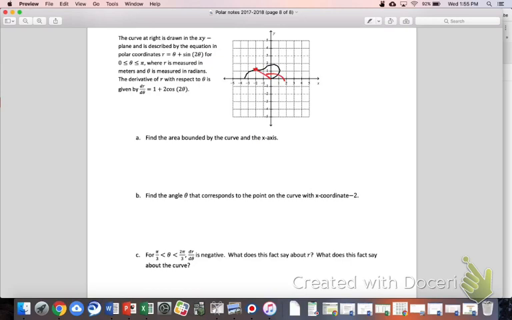We just need to find what it is, and we can't just take a guess. So here's what I would do. Remember, the x-coordinate on a polar curve can be expressed by x equals r cosine theta. So I'm going to say then that -2 equals theta plus sine of 2 theta, times cosine of theta.